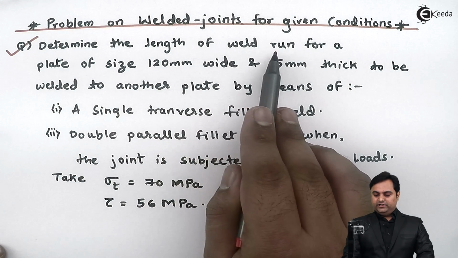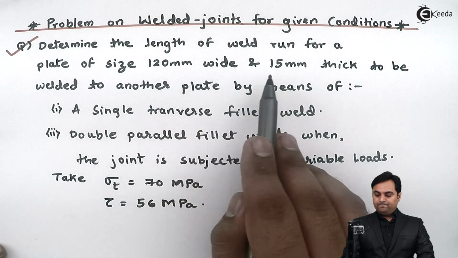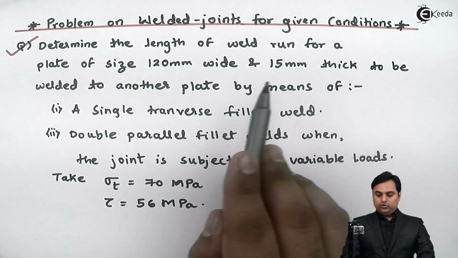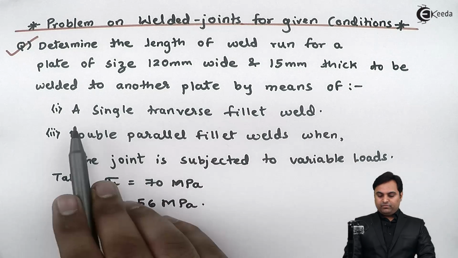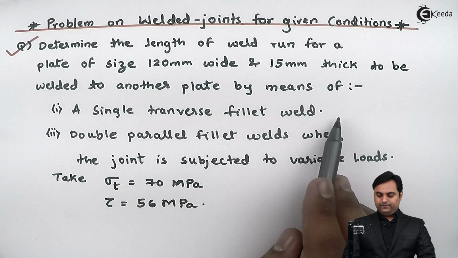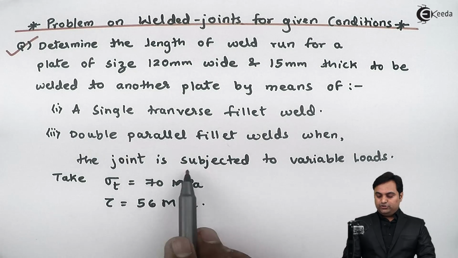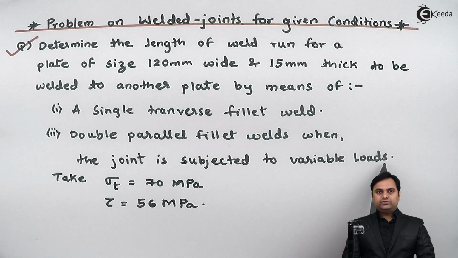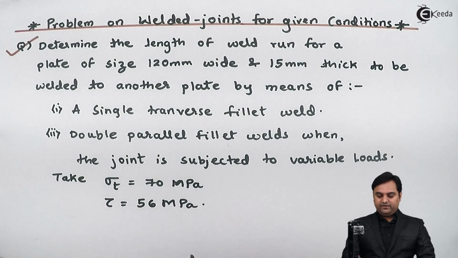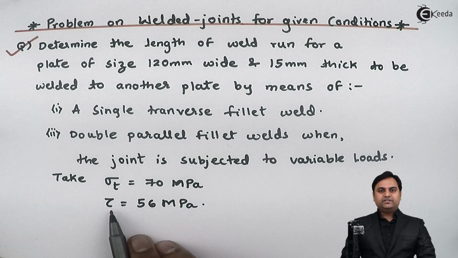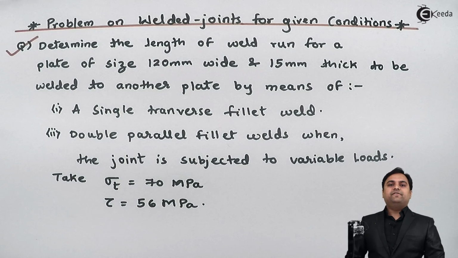Determine the length of weld run for a plate of size 120 mm wide and 15 mm thick to be welded to another plate by means of a single transverse fillet weld, double parallel fillet welds when the joint is subjected to variable loads. Take sigma T tensile stress as 70 megapascal and tau, that is shear stress, as 56 megapascal. So this is the question we have.